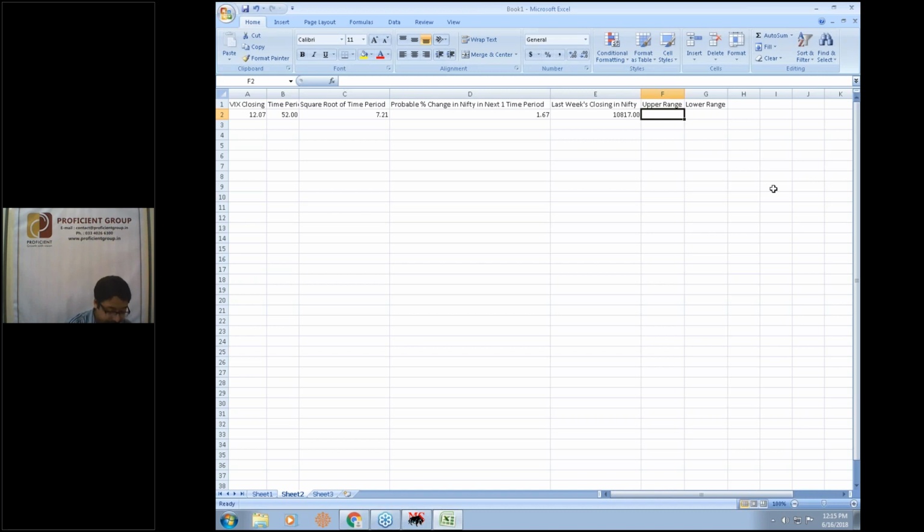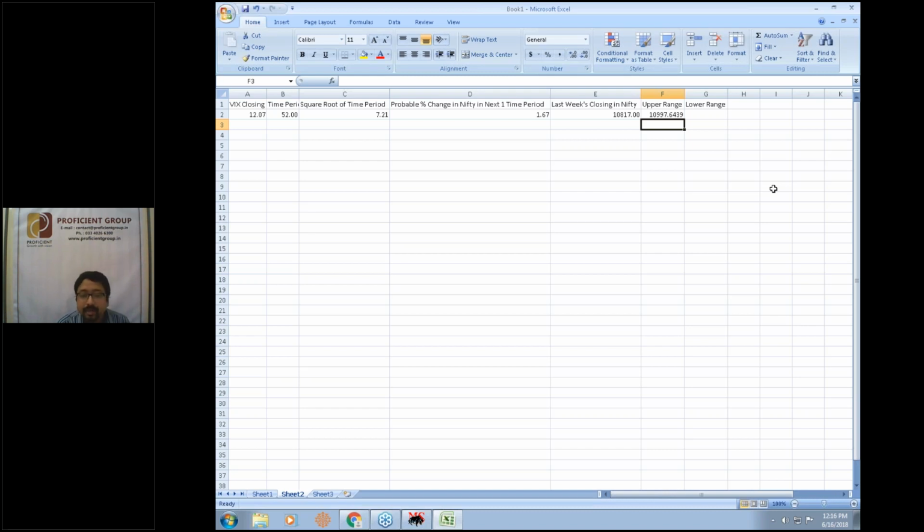This value equal to this value multiplied by 1.0167. So that is 1.67% higher, and the value comes to be 10,997, right? So 10,997 is the probable upward range for Nifty next week.